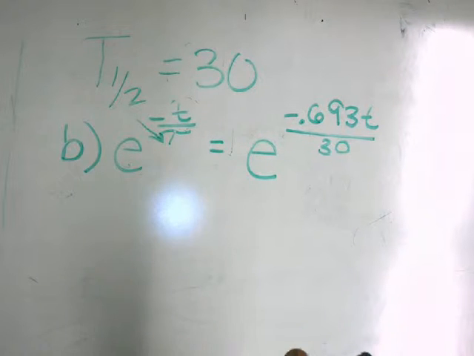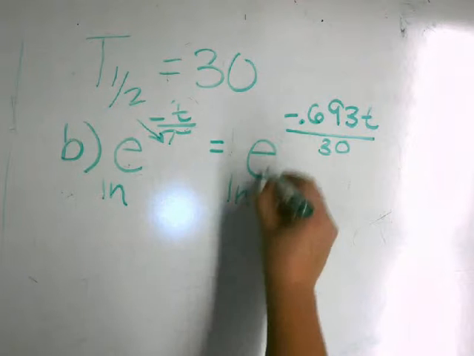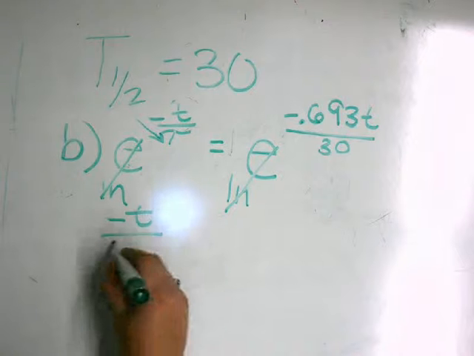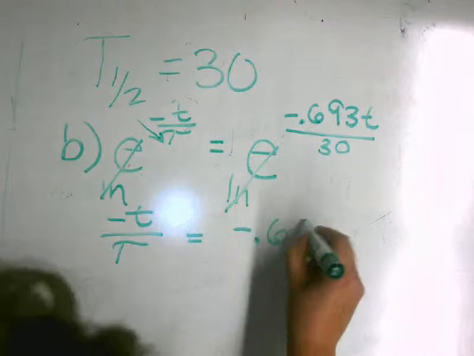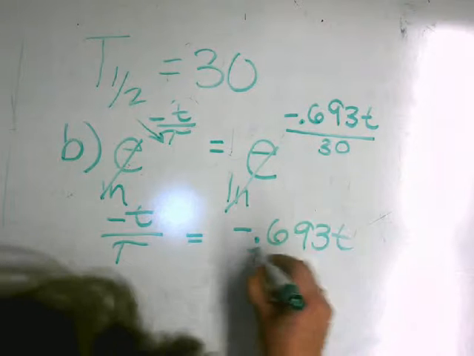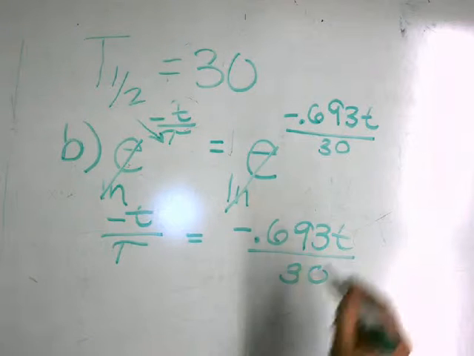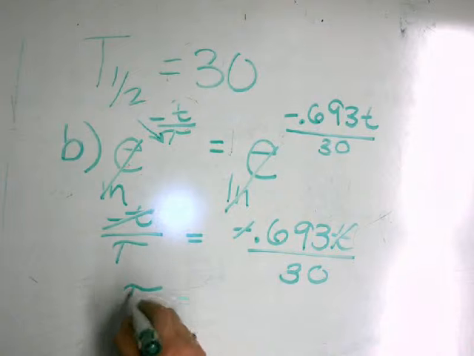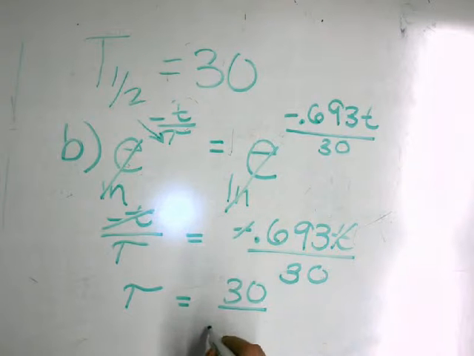So again, we take the natural logarithm, canceling e from both sides. So negative t over the average life of the particle is equal to negative 0.693 t over 30. Negative and t cancels again, and we take the reciprocal of both sides of the equation to get that the average lifetime of the particle is 30 divided by 0.693, or 43.29.